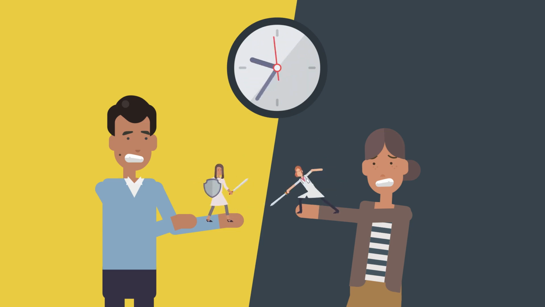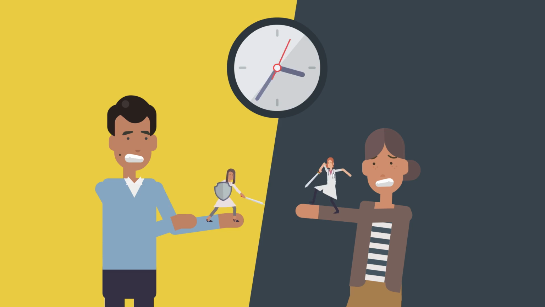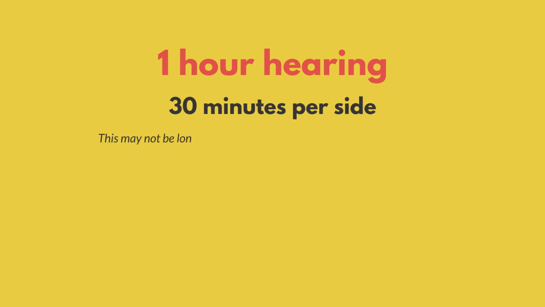If the parties know that expert testimony is likely needed, make sure you have a hearing that is set accordingly. If your hearing is set for an hour, that typically means each side is going to get 30 minutes, and it may be difficult to have expert testimony and your own client testify during that time period.